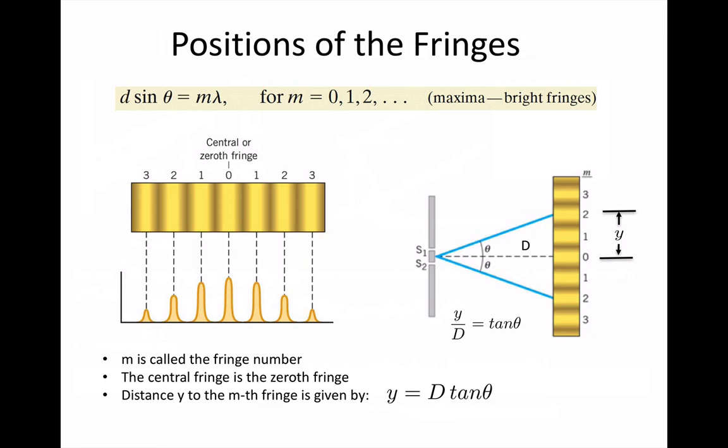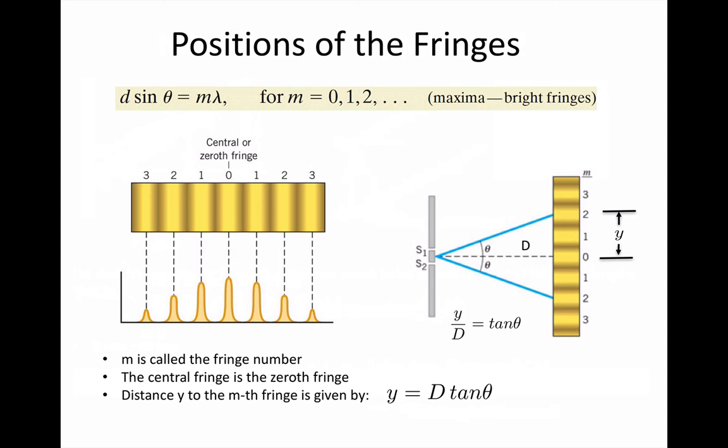Sometimes we want to know not just the angles of the maxima, but the distances between them. In other words, the distance y on the diagram to the mth fringe. So that will be m times the distance from one fringe to the one next to it, since they're all equally spaced. So the one in the middle is what we call the 0th fringe. That will be for sine theta is 0, and so that is straight ahead.